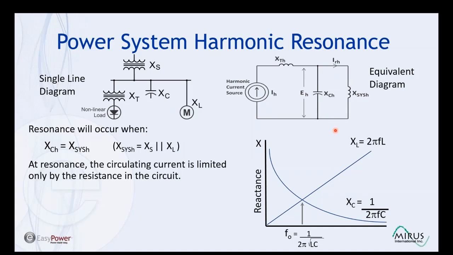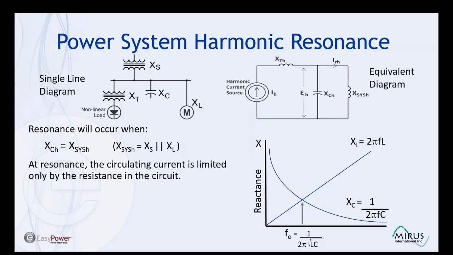As current circulates in that circuit, it produces voltage drops and additional voltage distortion at that harmonic number. The additional voltage distortion drives more current, and it continues to build. And that's essentially what resonance is. And what controls or limits the resonance is ultimately the resistance in the power system.